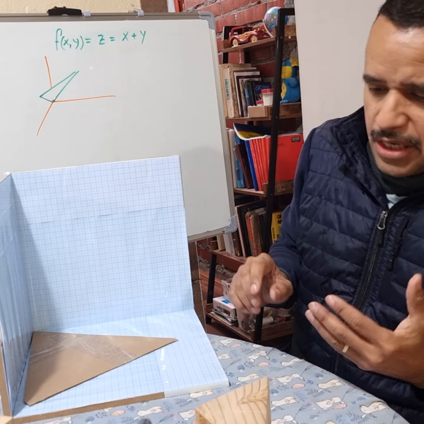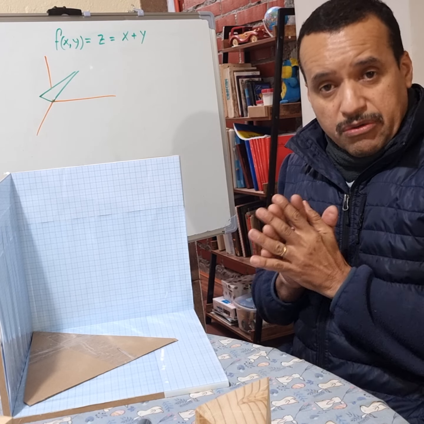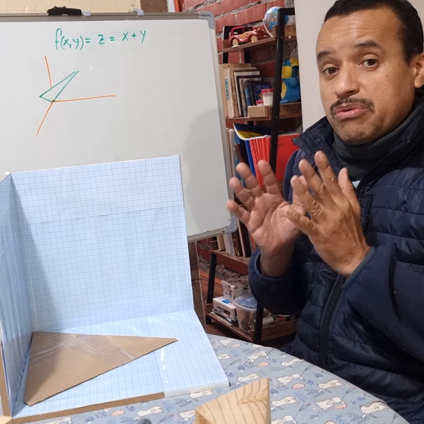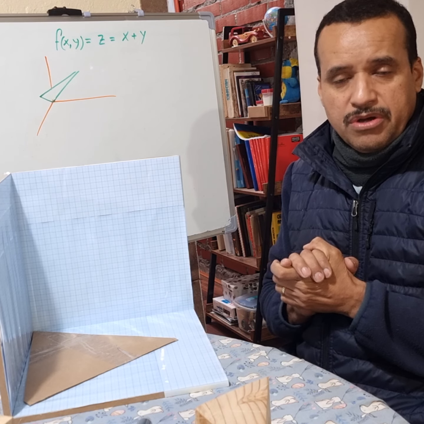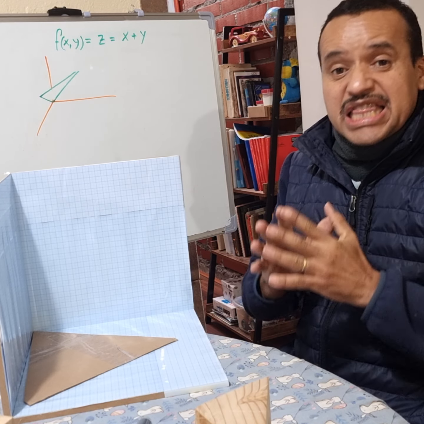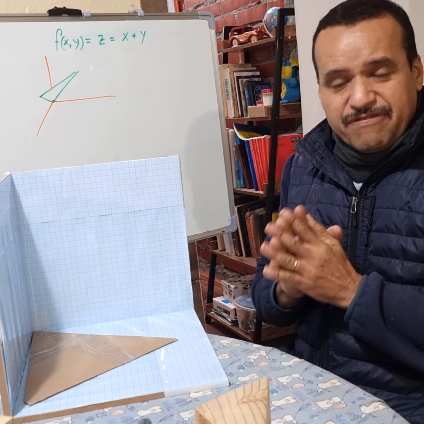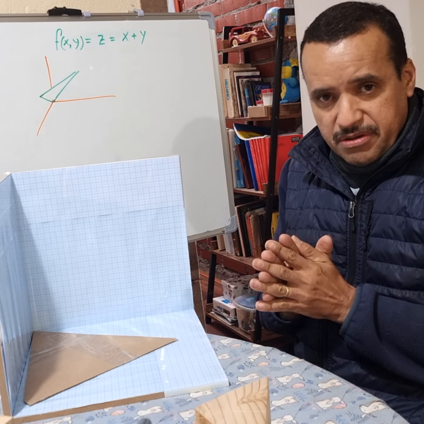Now, the method that we are going to use in order to calculate that primitive is the same method that we used in the last video, when we calculated the primitive of the identity function in two-dimensional space.